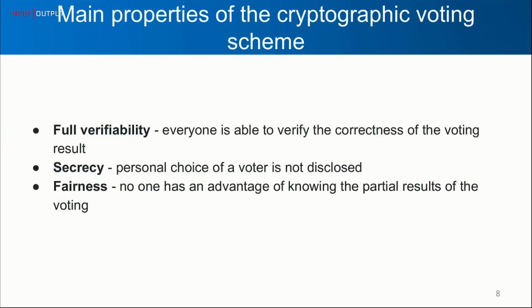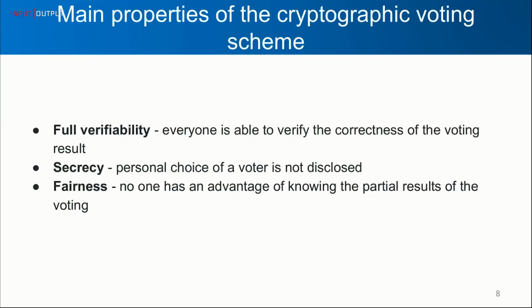The general scheme that I described is actually fairly simple, but it is backed by advanced cryptographic protocols that allow us to achieve several very important properties. The most important are secrecy, full verifiability, and fairness. Secrecy is a property that allows keeping all personal choices of voters and experts secret. It's achieved through ballot encryption.